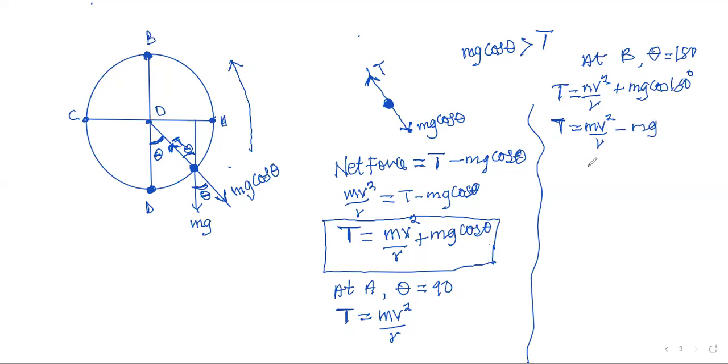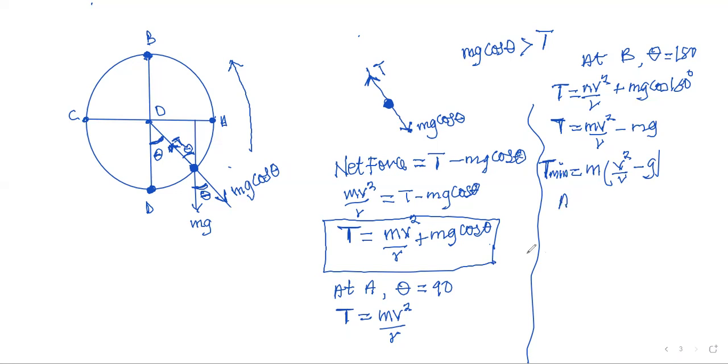This is still the same as m times v squared over r minus g. And it confirms whatever we derived earlier, that above the circle we have minimum tension within the string. So this also confirms exactly what we've done earlier, that minimum tension within the string always acts above.